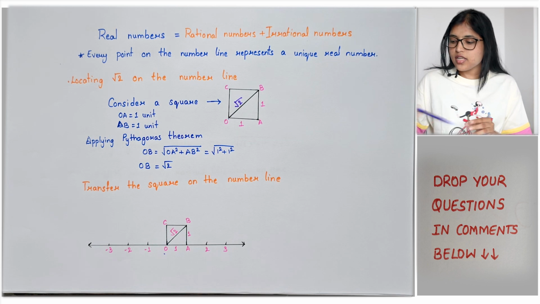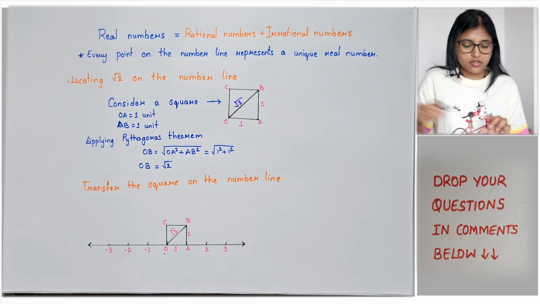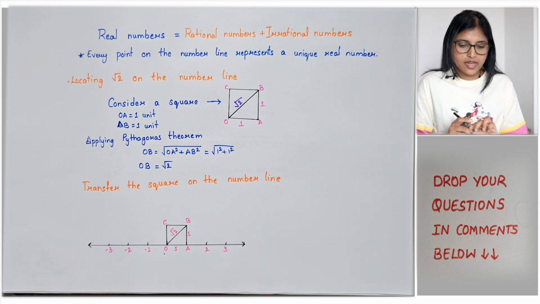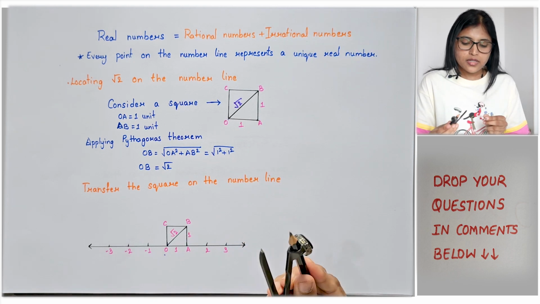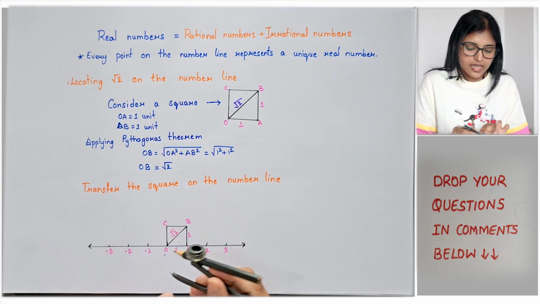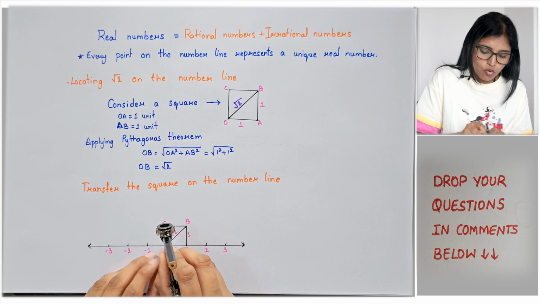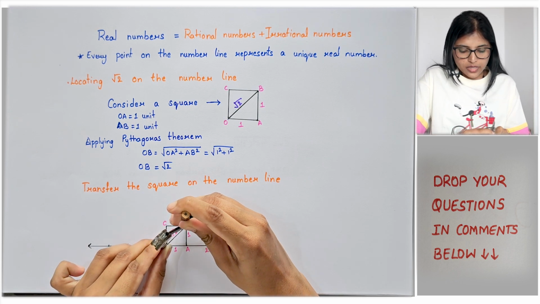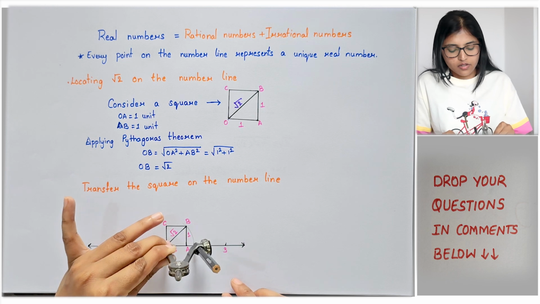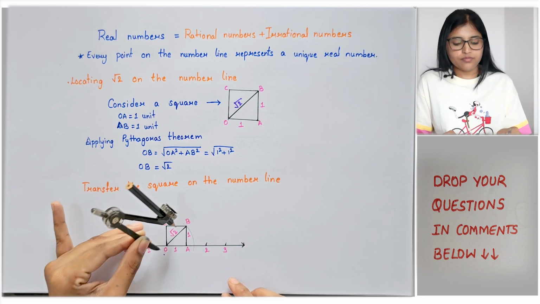So the process to find the value of root 2 on the number line is that once we have transferred this, we take a compass and then we take the center as O over here and we take the radius as OB over here and we draw an arc.